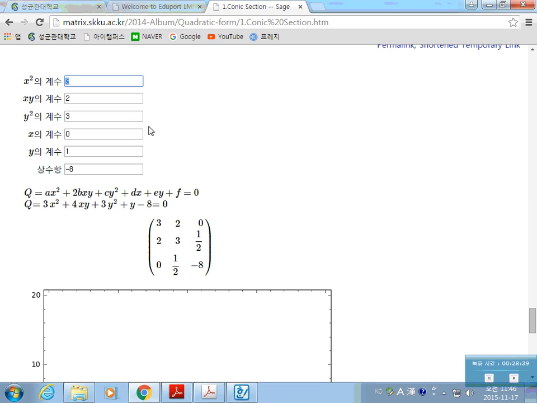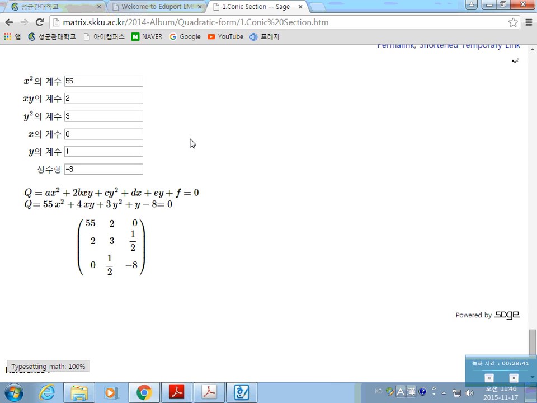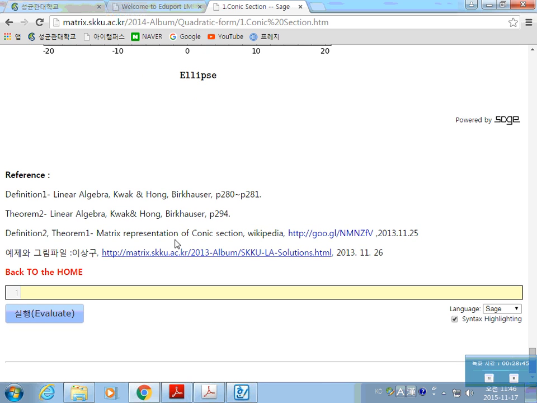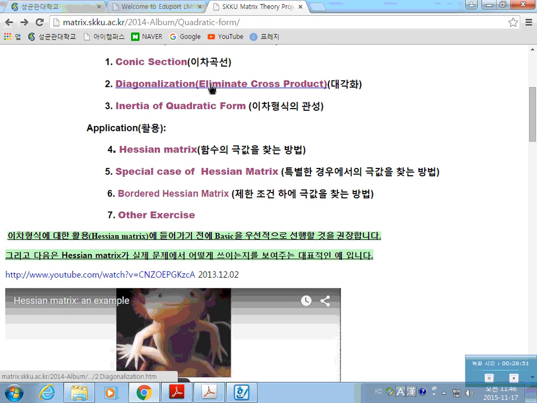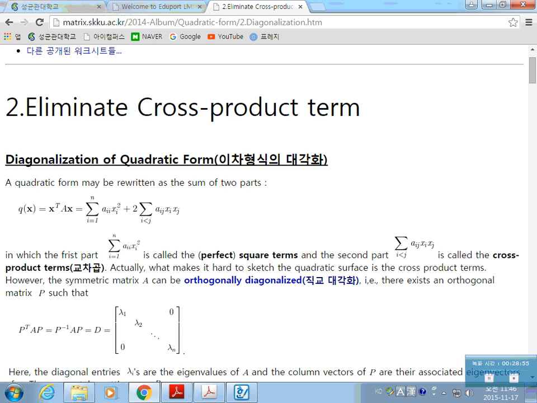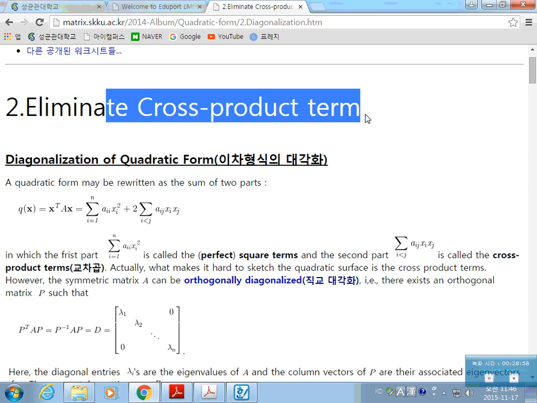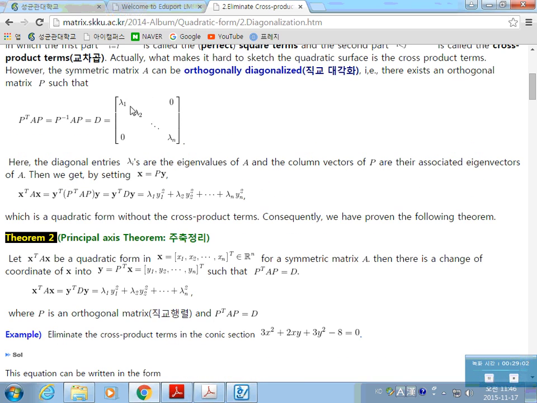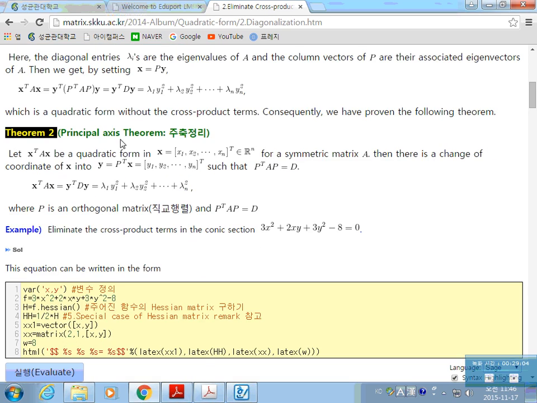If we give different variables, then you will see different forms and different graphs here, and you can check what the shape is. And also from here, you will see how you can eliminate the cross product terms like xy and yz, etc., to have the diagonal form like this.